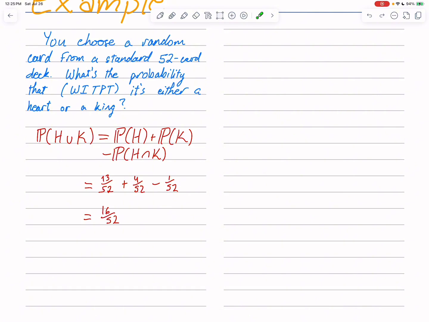If you can count one, can't you count the other? Well, sometimes, and I think this is one of those times, it's just easier to find the probability of an intersection than the probability of a union. So a lot of times you'd like to exchange your union for the intersection.